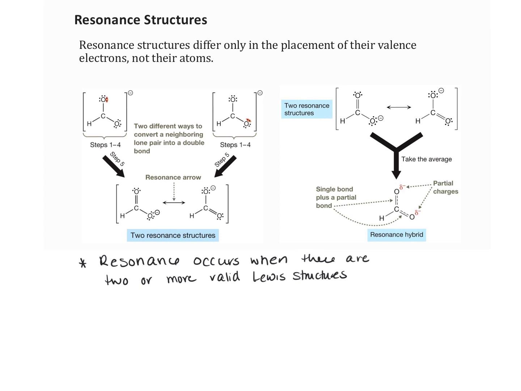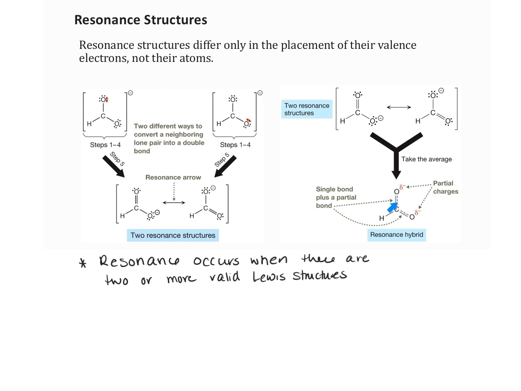These are called resonance contributors a lot of times. And then what we find is that this doesn't actually exist in a bottle, and this doesn't actually exist in a bottle. It is maybe a mixture or an average of the two. So if we have these two resonance structures and we were to take the average, this is how we show it.